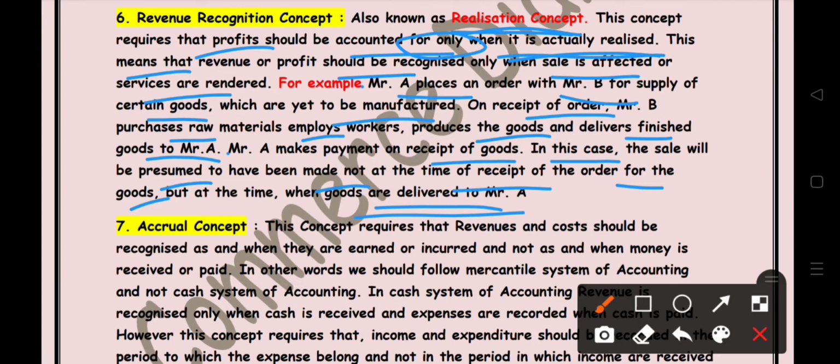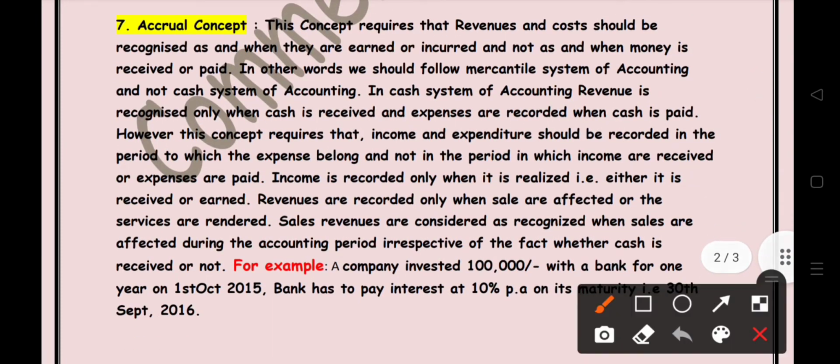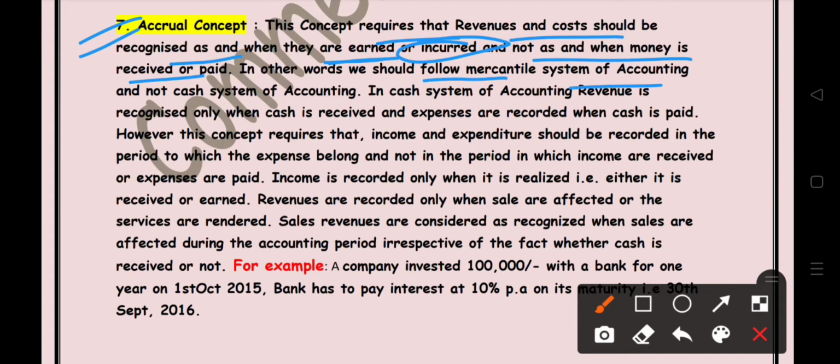The next concept, accrual concept. This concept requires that revenue and cost should be recognized as and when they are earned or incurred, and not when the money is received or paid. In other words, we should follow the mercantile system of accounting and not the cash system of accounting.